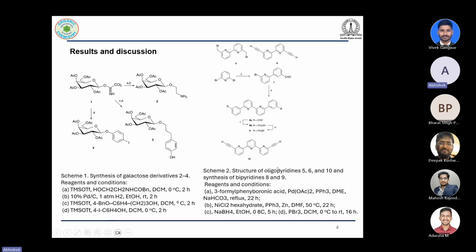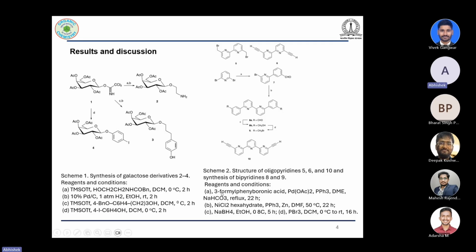Toward the synthesis of oligopyridines 5, 6, and 10, and the synthesis of bipyridines 8 and 9, starting from this compound, they take 3-formyl phenyl boronic acid. This is a Suzuki type coupling, followed by a nickel promoted homocoupling with NiCl2 hexahydrate.